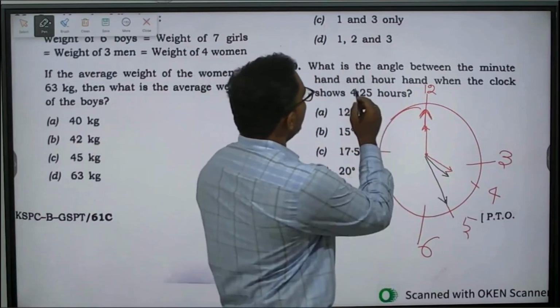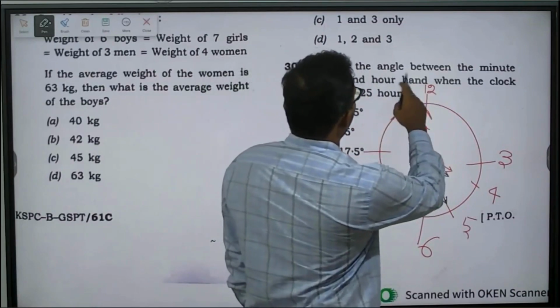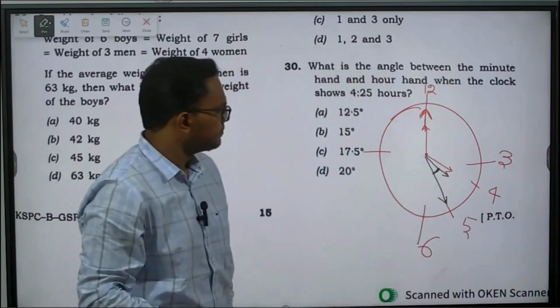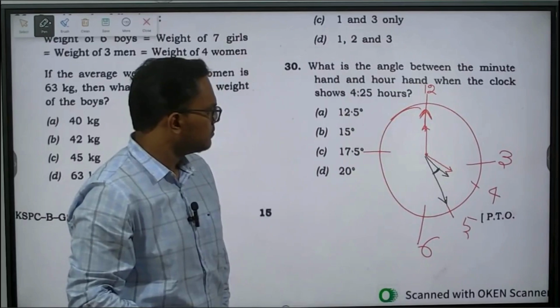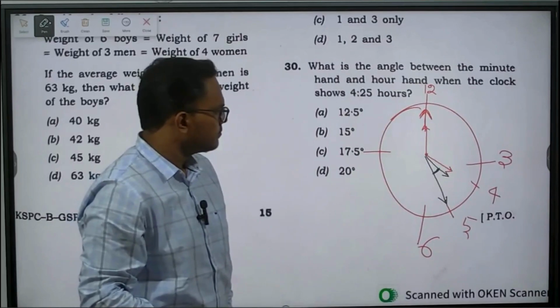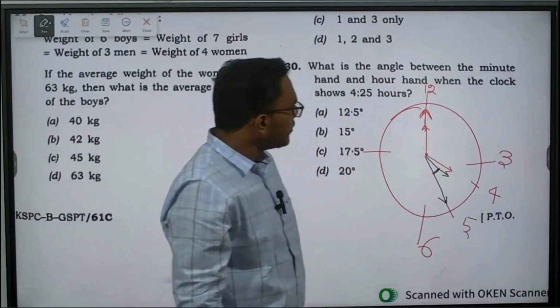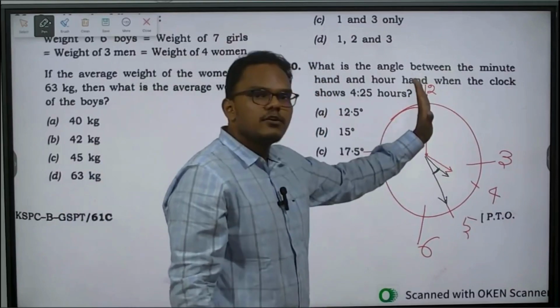So now what are they asking? The angle between this. So this is the angle that they are asking. Okay. So first for that you need to know the total angle. Keep this as your reference.